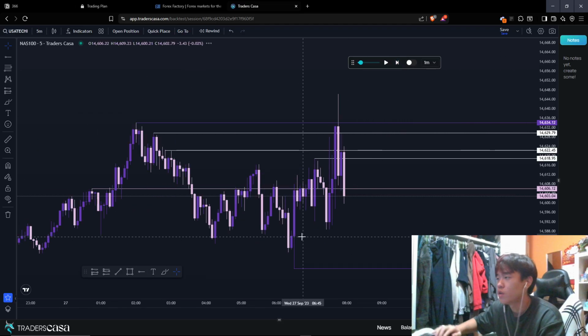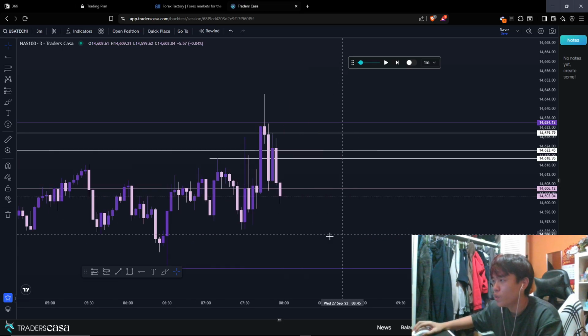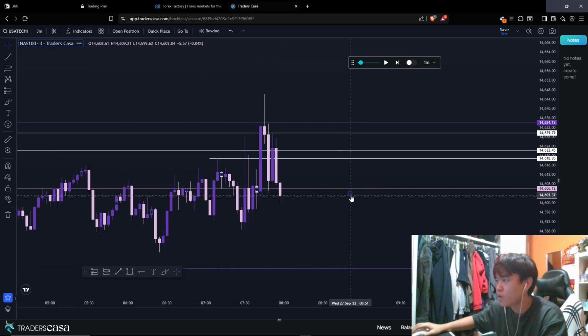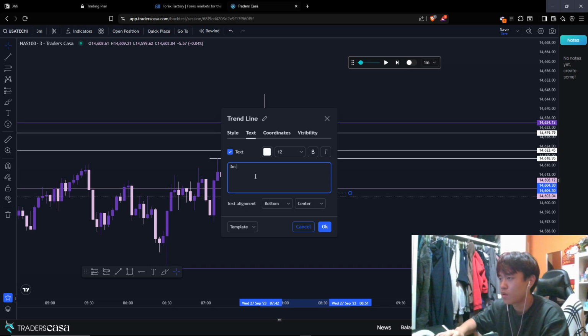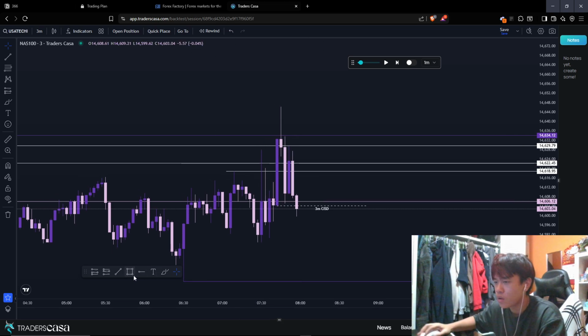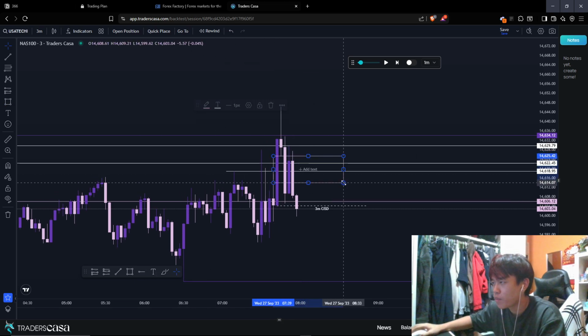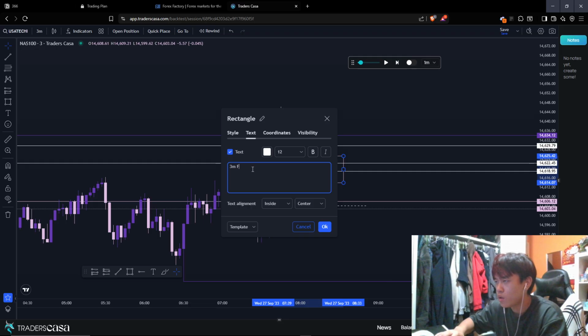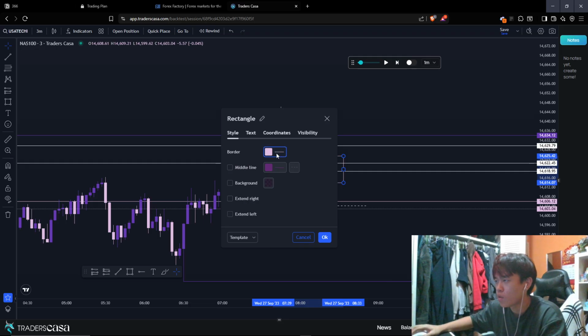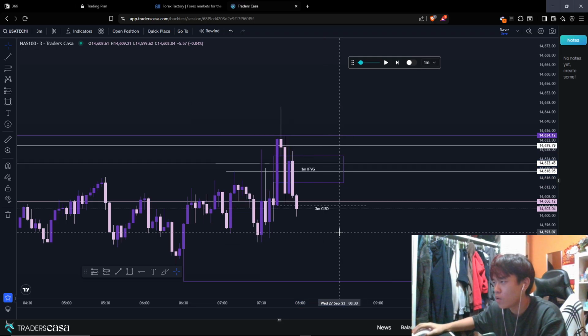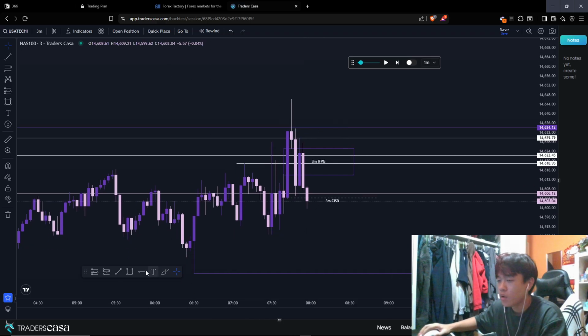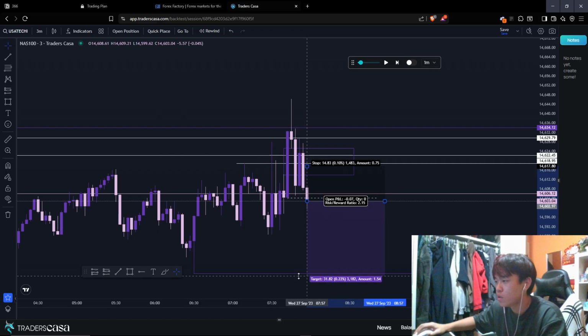This is where I would enter, honestly. We get that 3-minute CISD. If I could get that 3-minute inverse fair value gap, take this, press enter right here, target.